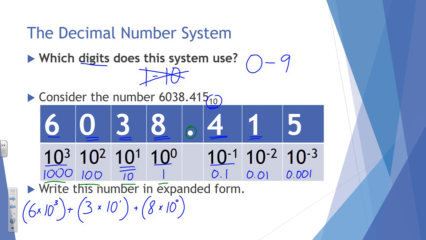And then we'd have our decimal point, where we'll add on our parts of a whole. We have 4 times 10 to the negative 1 power, 1 hundredth, or 10 to the negative 2 power, and finally we have 5 thousandths, or 10 to the negative third power. And so each place represents a value, and that's what we call the number when written in expanded form.